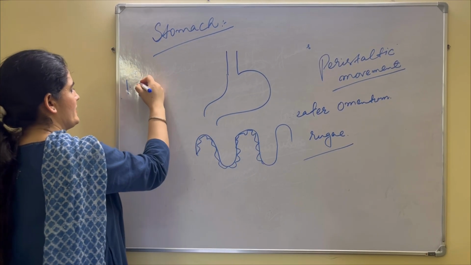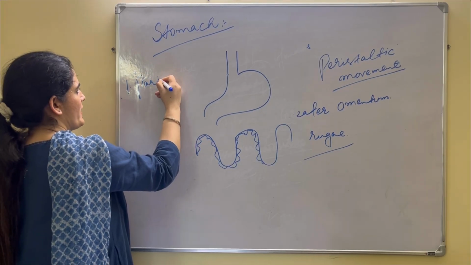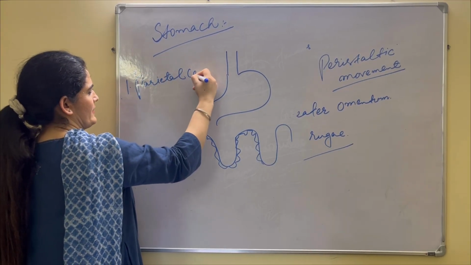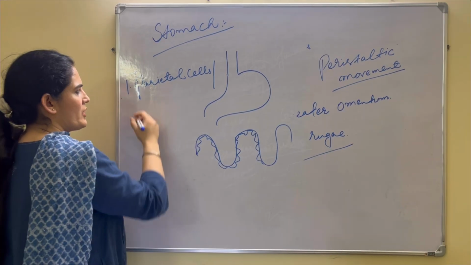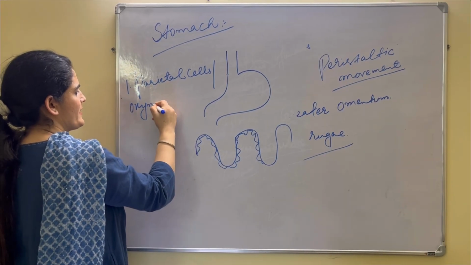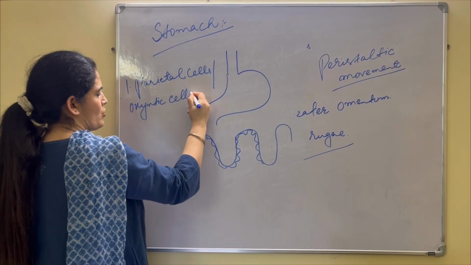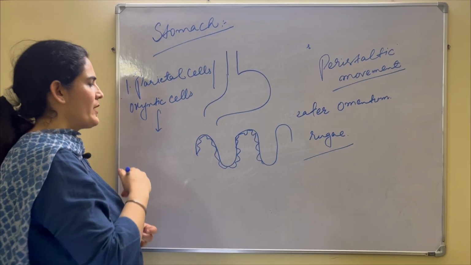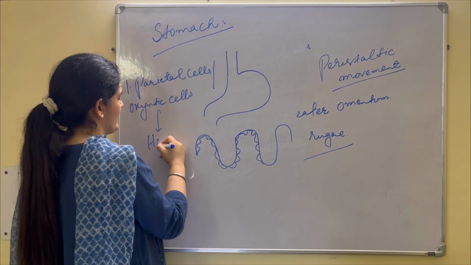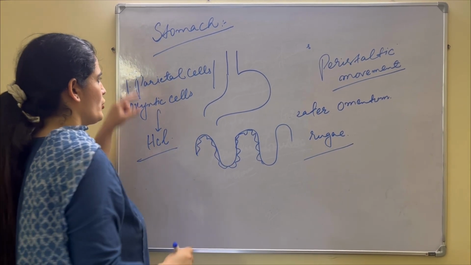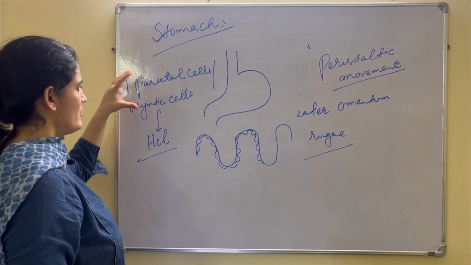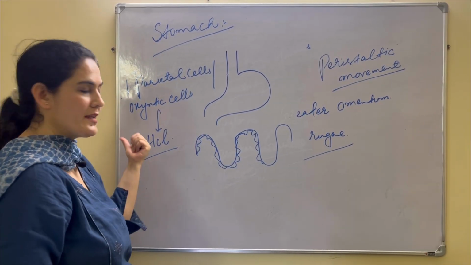The first cells which we have are called the parietal cells, or they are known as the oxyntic cells. These parietal cells secrete HCl. The role of these parietal cells, oxyntic cells, is to release HCl.